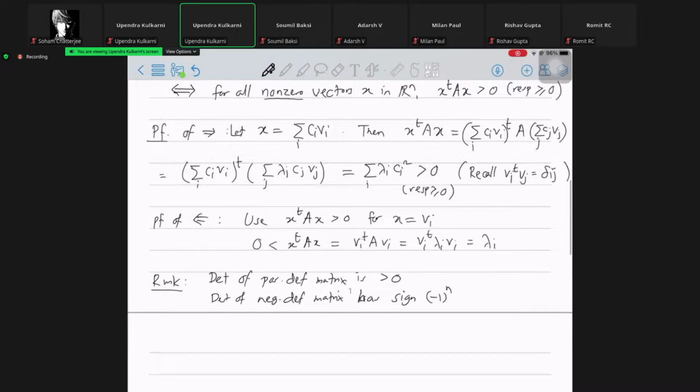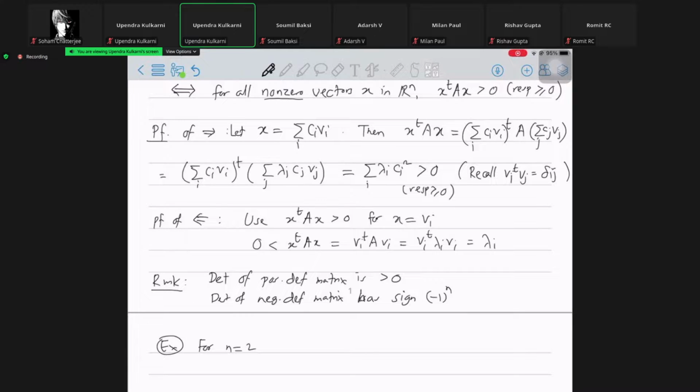All right. And also here's an exercise, for n equal to 2. Okay, let's just do this.